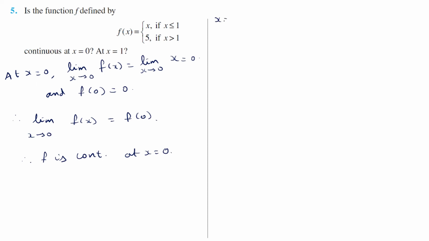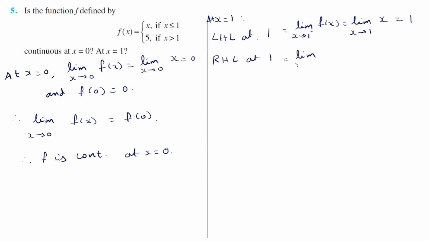Now we will take x equal to 1. First let us take the left hand limit at x equal to 1, which is limit x tends to 1 minus f of x. This is equal to limit x tends to 1 of x, which is 1. And the right hand limit at 1 is limit x tends to 1 plus f of x.